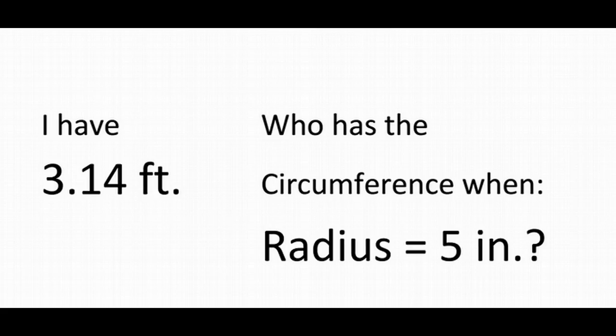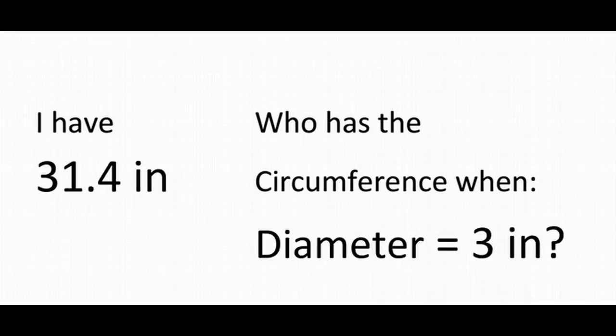Somebody else in the classroom would have on the left-hand side of their card the answer to that question, and they would pipe up with, "I have 31.4 inches," which is the answer to the previous question. And then that same student would read their question, "Who has the circumference when the diameter equals 3 inches?"